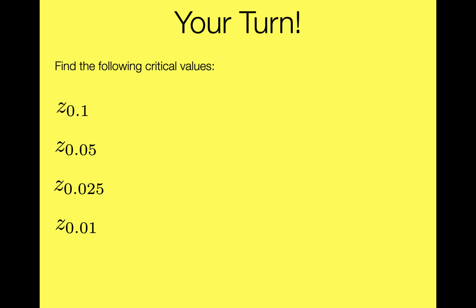But this is just an exercise in finding those points. Like the first one, you'd open up Minitab, say normal 0, 1, inverse cumulative probability, and put in the value 0.9, because 0.9 is to the left, which means 0.1 is to the right, and so on and so forth. So calculate those critical values for this your turn.